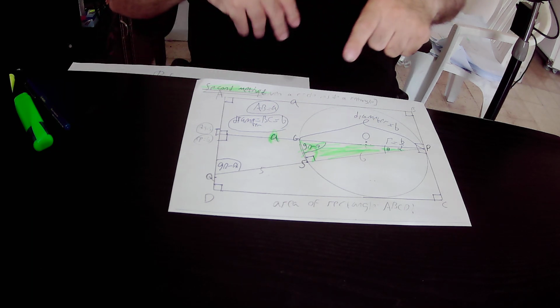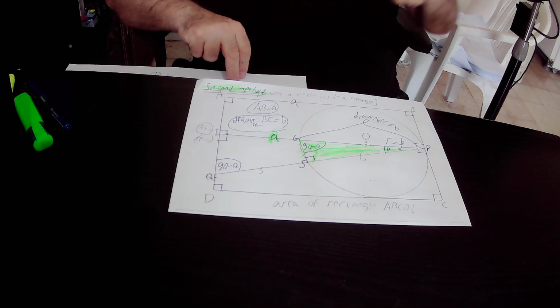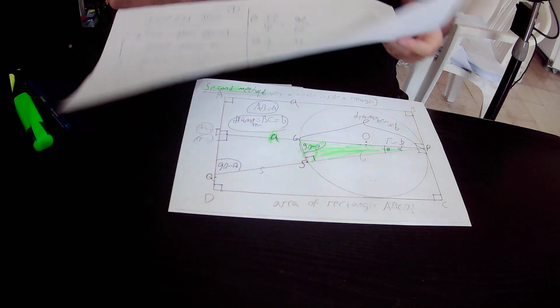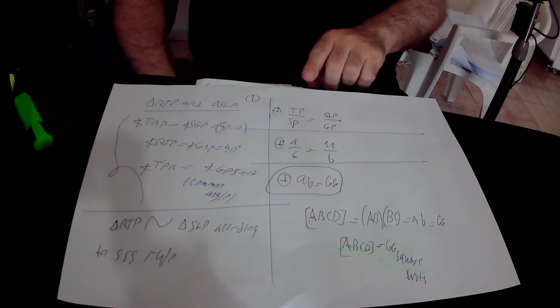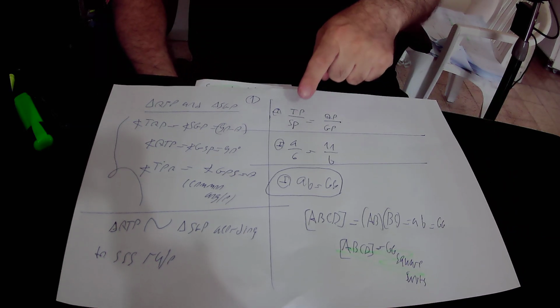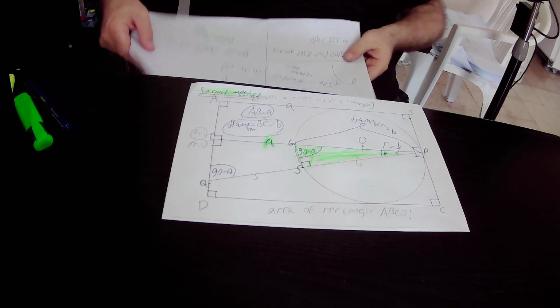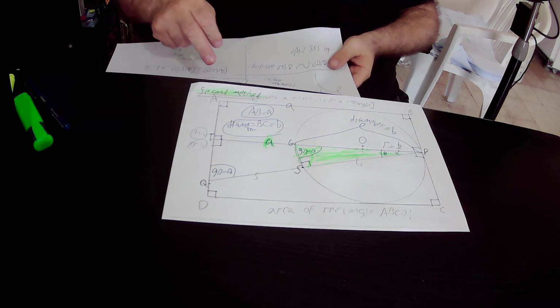And from the fact that those two triangles are similar to each other, we conclude that the following relationship exists between their sides: TP over SP equals QP over GP. Here, what is the value of TP?